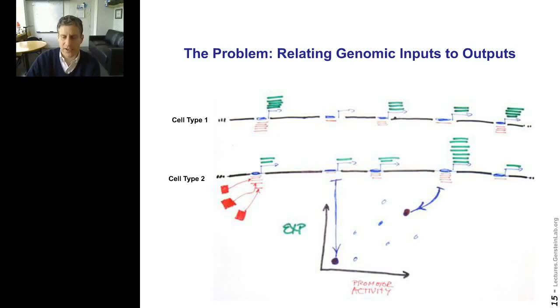So now going to slide 15, let me give you a little schematic of the way we're going to pose the problem. The picture shows two horizontal dark lines, and they represent the genome in two different cell types. You can see there are genes on the genome, and the level of expression of the genes is explained by the little green things, how on and off certain genes are.